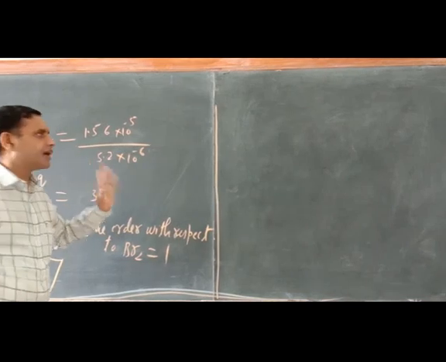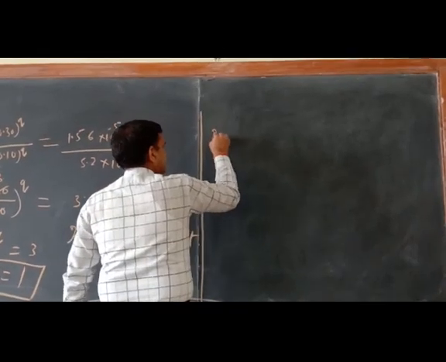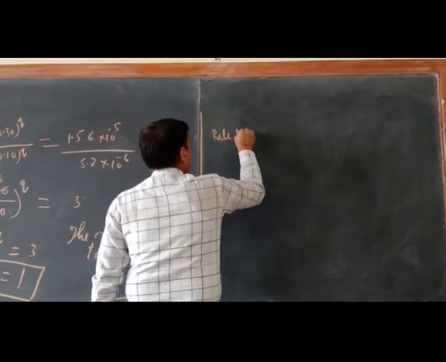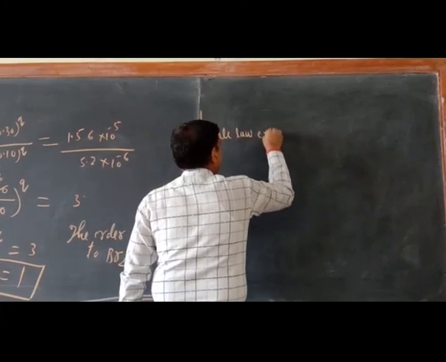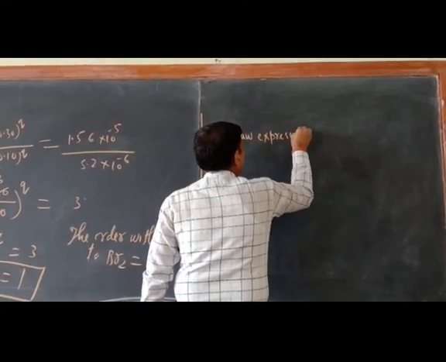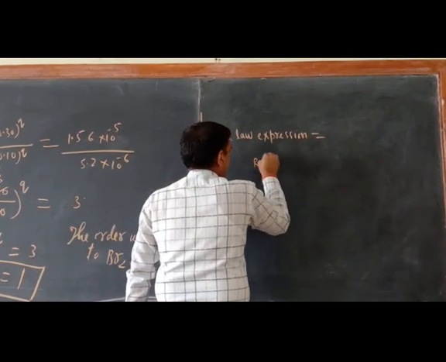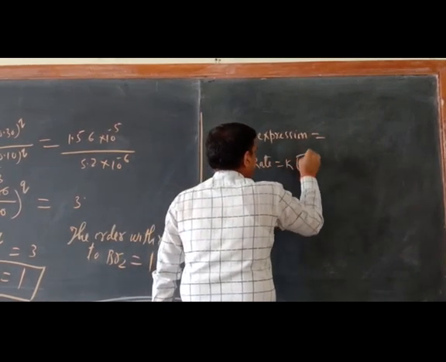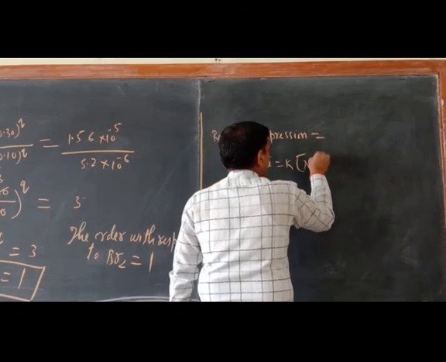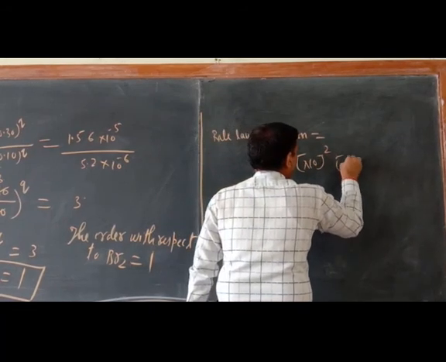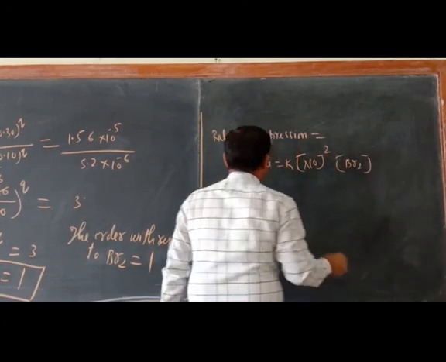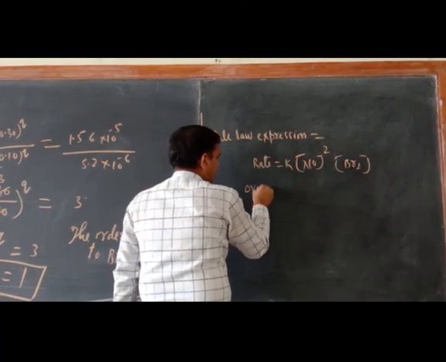So we can write the rate law expression. Rate equal to K, NO raised to the power 2, Br2 raised to the power 1.